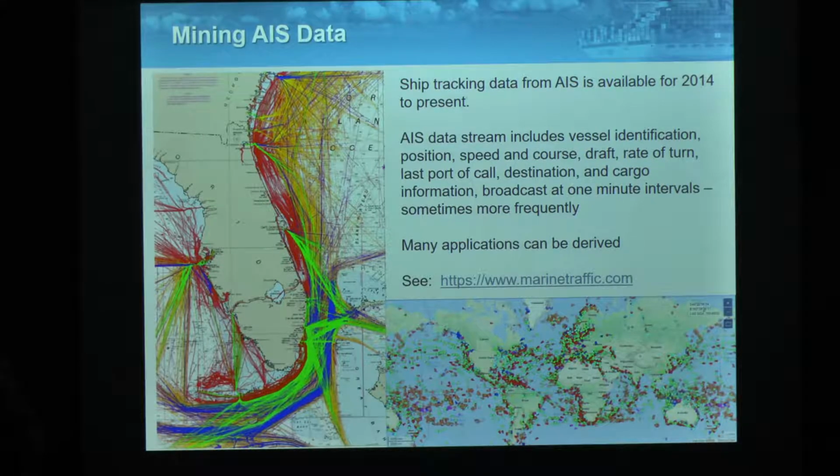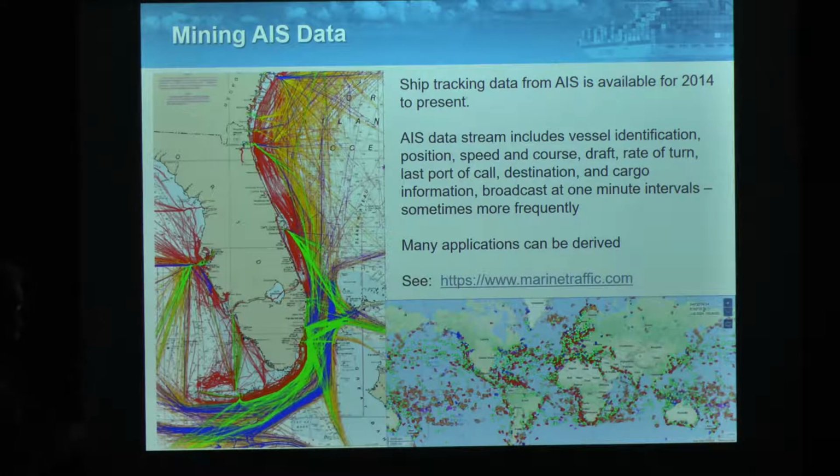Every vessel over about 20 meters or 300 gross tons, I think, is mandated by U.S. and international law to carry a transponder that sends all of its position data, its course and speed over the bottom, and its draft and various particulars about the vessel itself, including its International Maritime Organization identification number, from which you can pull out all the particulars of the vessel, its length, its beam, its freeboard, all of those sorts of things. There's lots of stuff you can glean from having that kind of information.